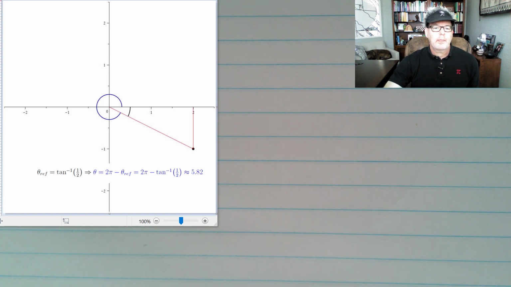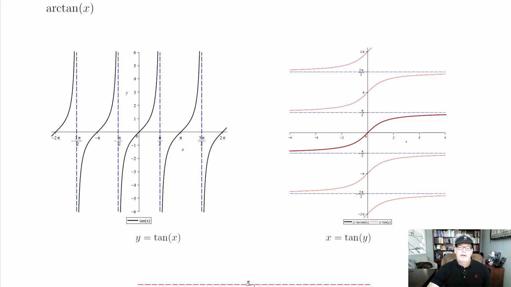Well, we can't do it with just one value. Part of the problem with arctan is, if I look at the graph of tangent, tangent will equal 1 infinitely many times. And so trying to do the inverse, if you switch x and y, you get this graph. Now this isn't a function, it doesn't pass the vertical line test, so we pick the main branch right here.